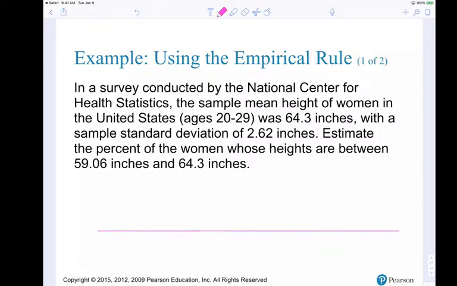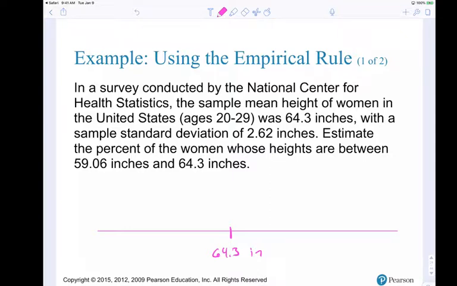Okay, so what's the average? 64.3, right? It says the average height. So the average height is 64.3 inches. It says standard deviation.